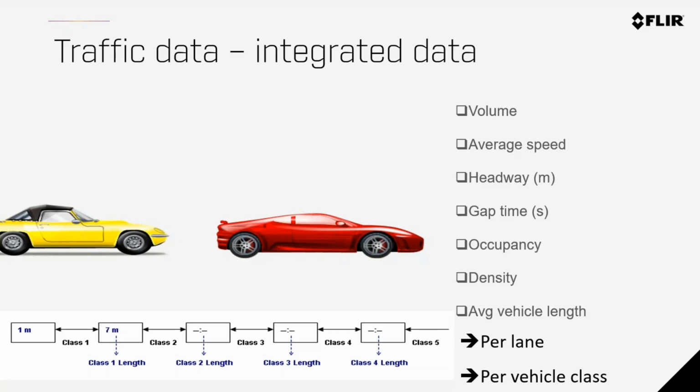When we're talking about visual sensors, then some sensors can only do 2 classes at nighttime, and then it's based on the headlights. Close to each other is a car, further away is a truck. Or 3 classes, but then we're talking about a little bit more high-end solutions.